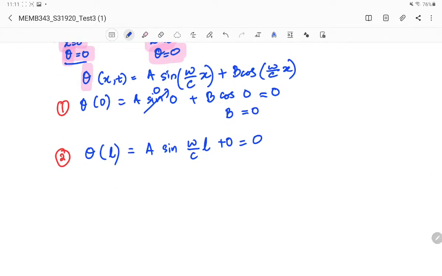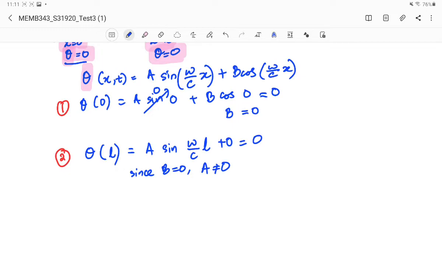From there you can see that since b equals 0, a cannot be equal to 0, because if both of them are 0, that means there is no vibration. Now we want to compute the vibration.